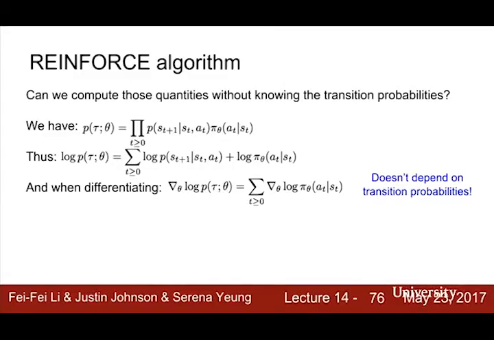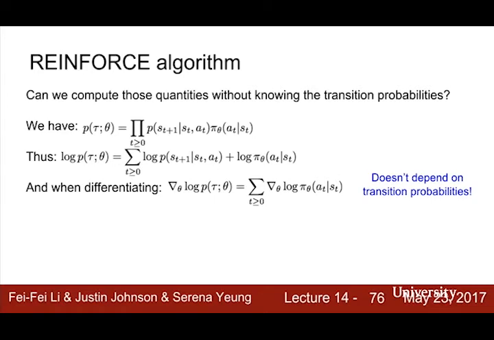And then here, when we differentiate this, we want to differentiate with respect to theta. But in this first term that we have here, log p of the state transition probabilities, there's no theta term. And so the only place where we have theta is the second term, log of pi sub theta of our action given our state. And so this is the only term that we keep in our gradient estimate. And so we can see here that this doesn't depend on the transition probabilities, right?